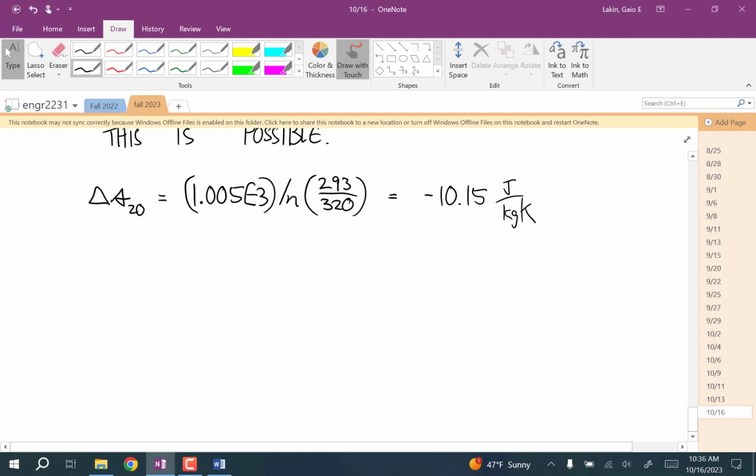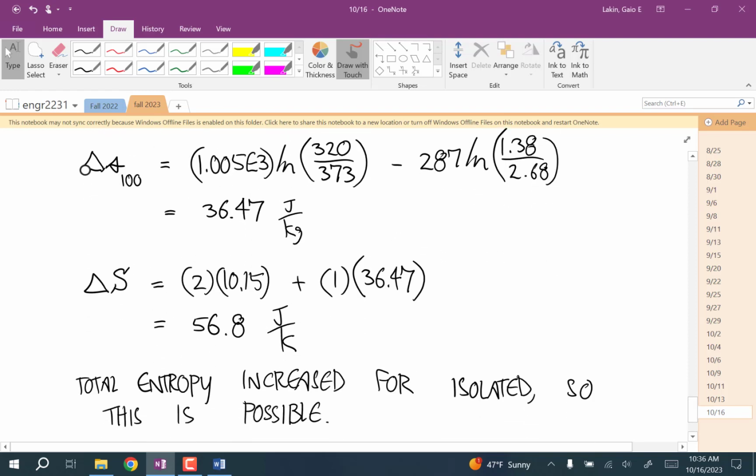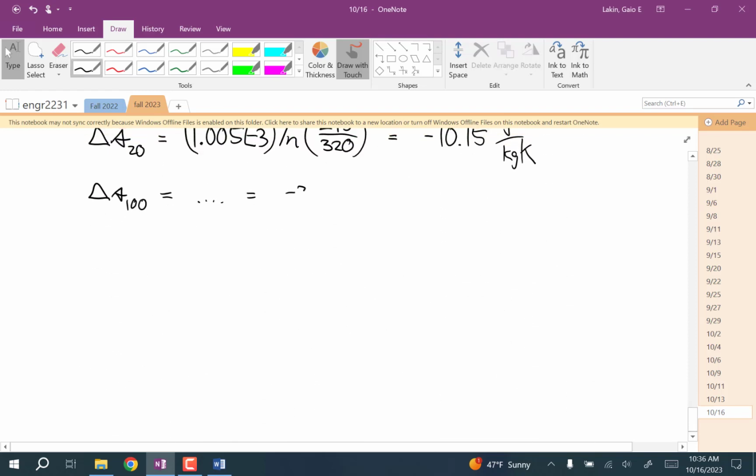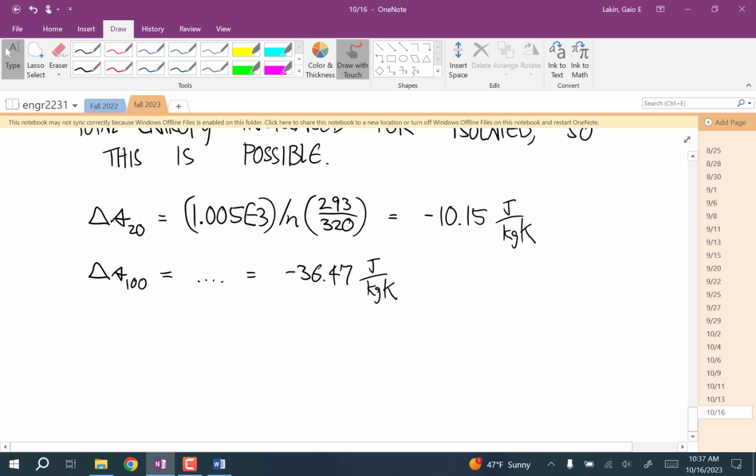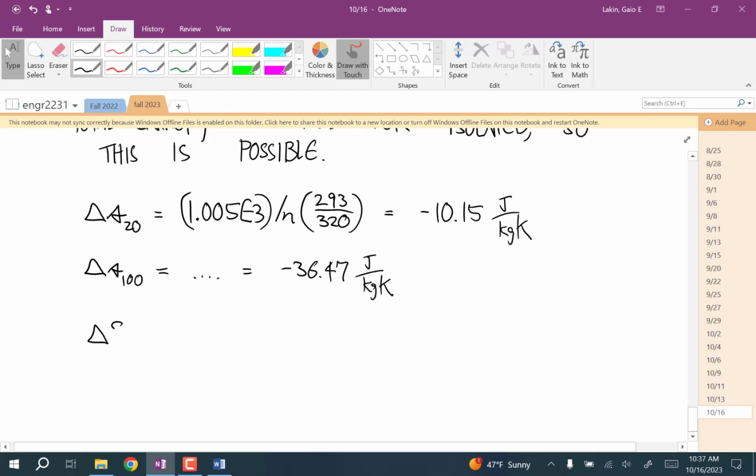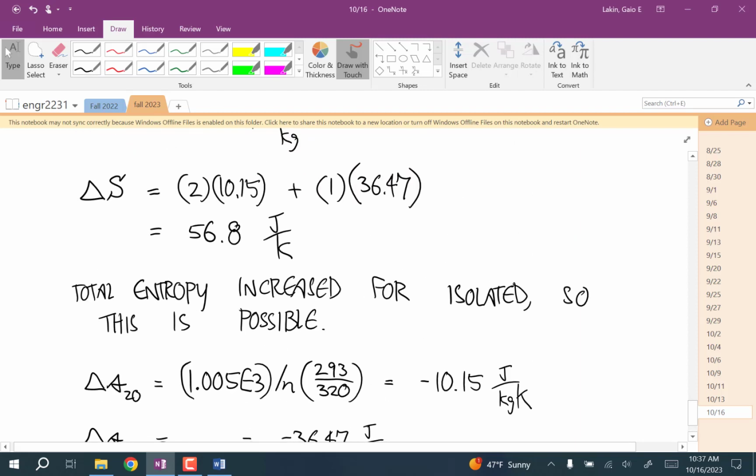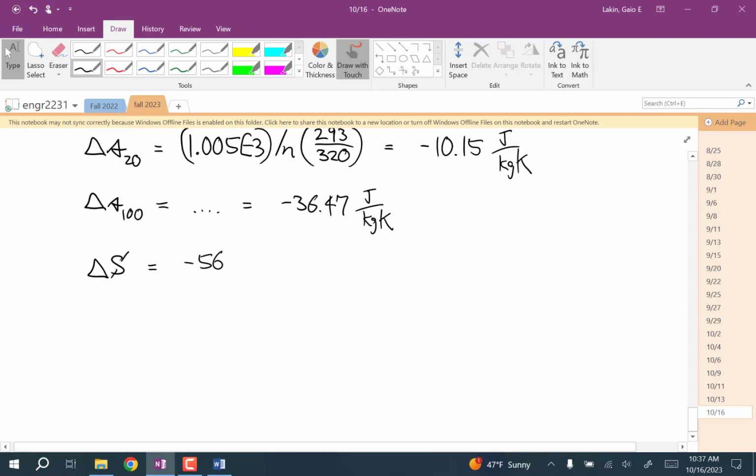And then you just mix that up. And so for the 100, you get negative 36.47. So the change in total entropy, you would end up with negative 56.8. So that's not possible.